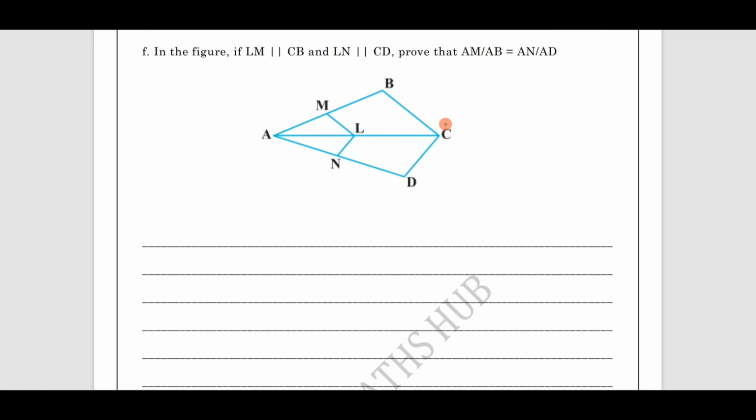So in triangle ABC, LM is parallel to CB.